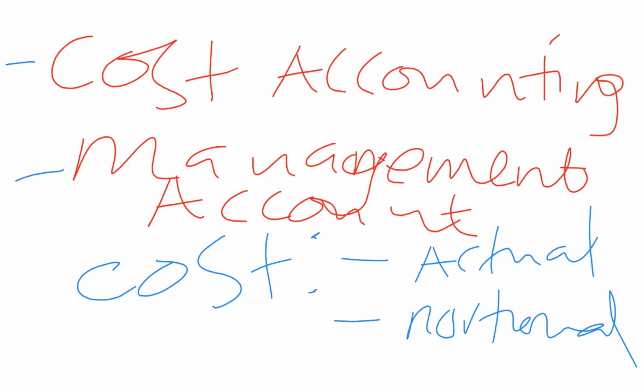There is some risk involved. So when you factor in the time that is spent plus the risk that is involved in doing all that transaction, you're factoring in what we call the notional costs. So when you talk about cost accounting, we are talking about all the costs factored in, both the actual costs and the notional costs.